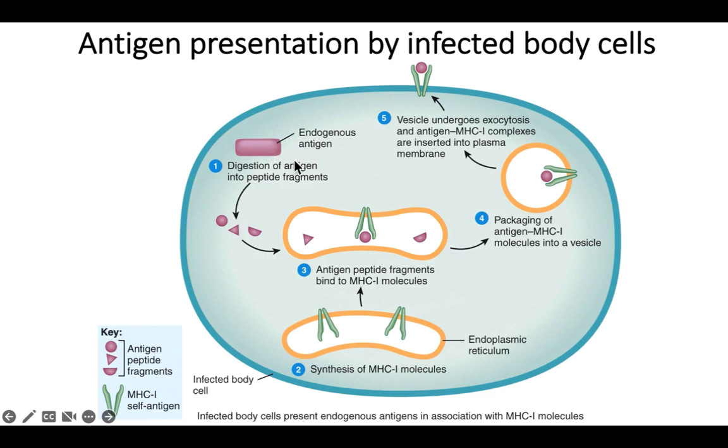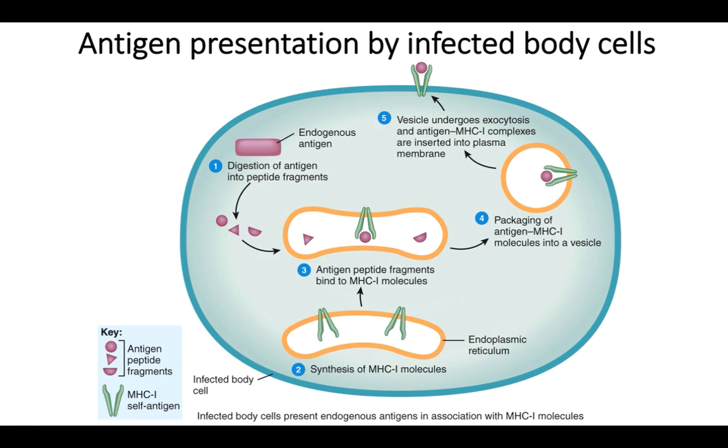All right. Same process happens. It gets kind of chopped up into fragments. It gets presented. Now, it's a different MHC receptor. This MHC receptor is called class 1. And we're going to talk about why you need two different ones coming up.